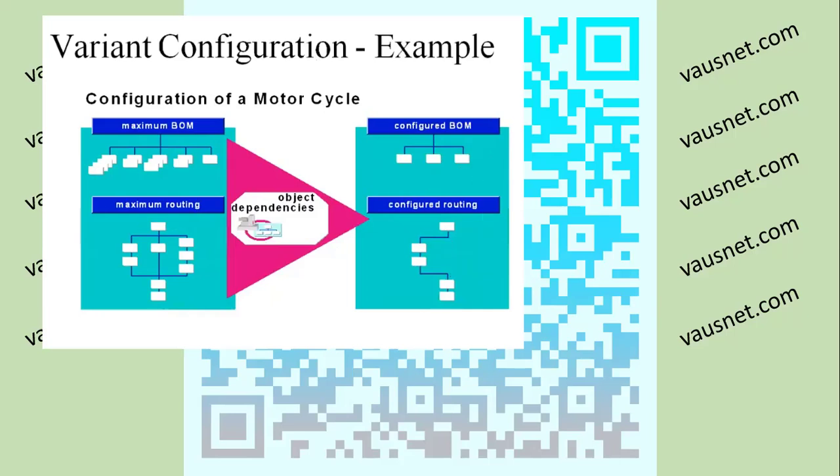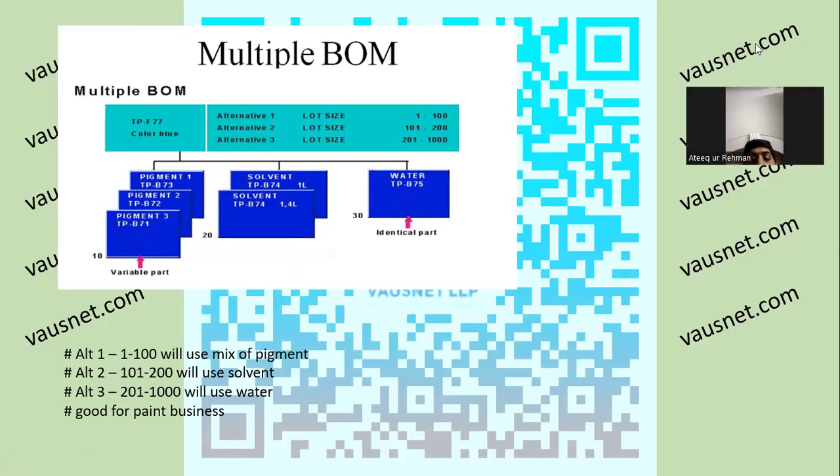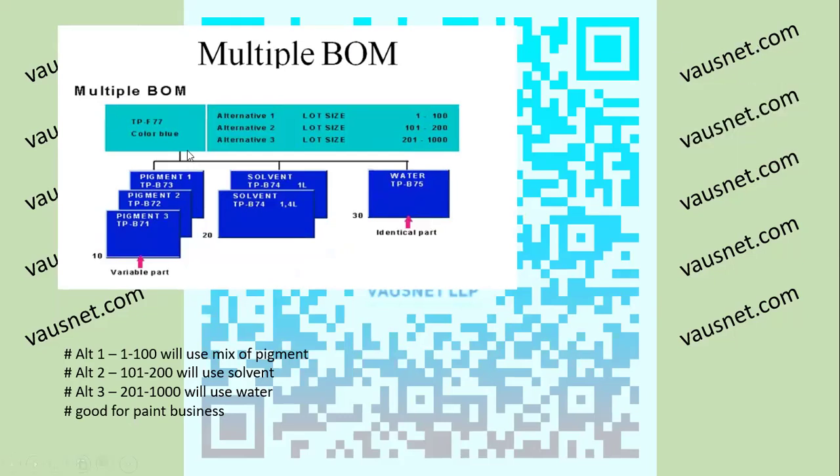Okay. So multiple BOM is the next part. What is a multiple BOM? For example, you want to produce a certain paint.